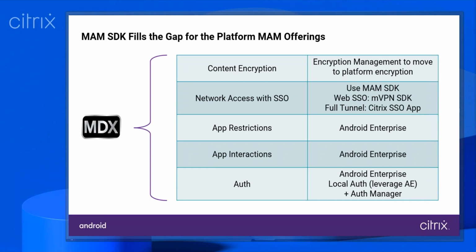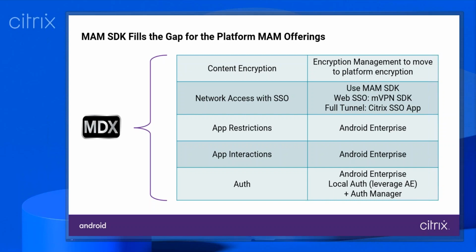All this stuff is already covered by Android Enterprise because it provides that separate work profile, which separates personal from work. And also, if it's a completely managed device, then of course the admin is controlling what applications go on that device. So when you look at Android, it has become much simpler for you to integrate the MAM SDK when you only have to focus on the micro VPN SDK and not the other aspects of it.